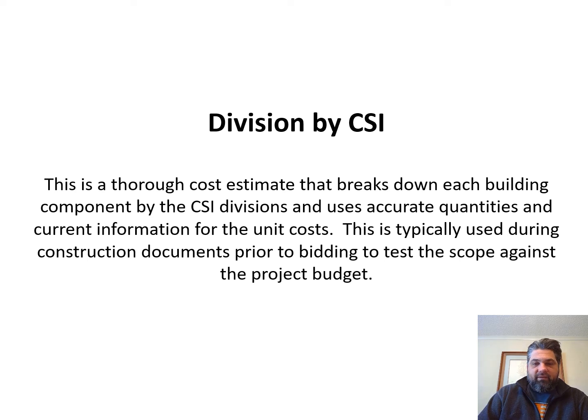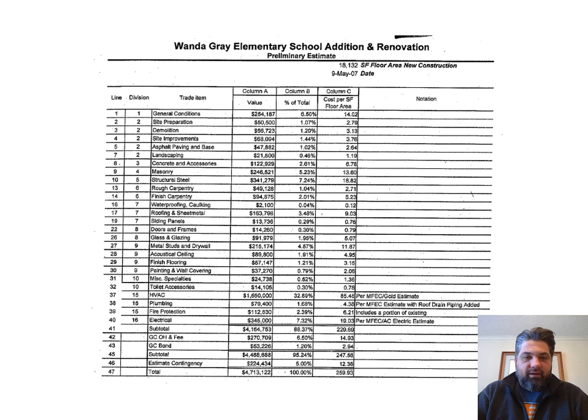The last type of estimate that I want to go through is division by the CSI divisions, by the Construction Specifiers Institute divisions. And so what this does is it breaks it down by each of these divisions. I don't know if you can see my pointer on the recording, but you've got each of the specification divisions, like we talked about in one of our lectures.